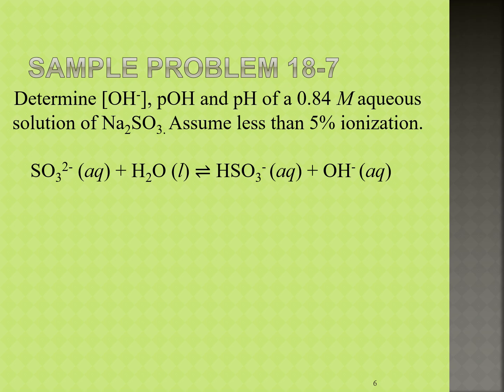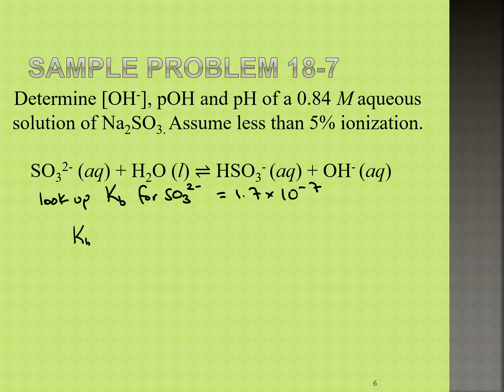The sulfite is going to act as a weak base and make its conjugate acid and OH. I had to look up the Kb for SO3 2- because it wasn't given in the problem, and I need it to work this problem. It happens to be 1.7 times 10 to the minus 7th.